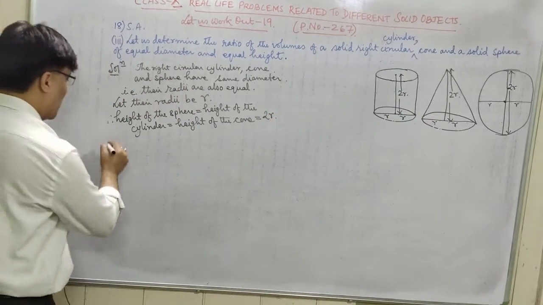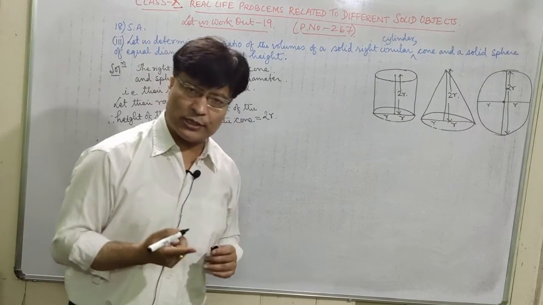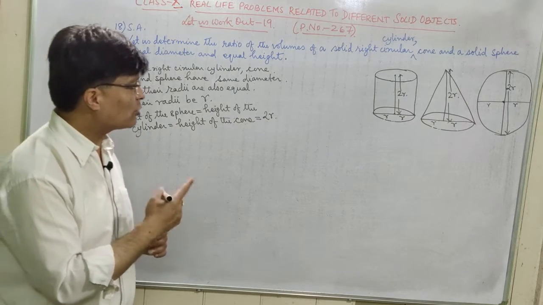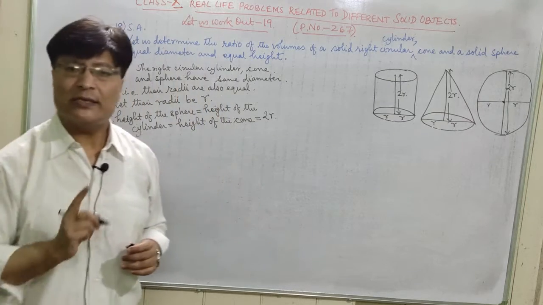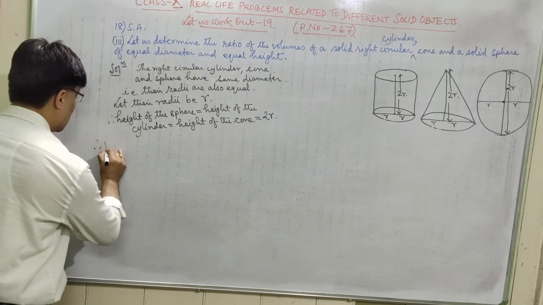Okay. So now, since you have to find out the ratio of the volumes of the solid right circular cylinder, cone and a solid sphere, let us find out the volume of the right circular cylinder first.